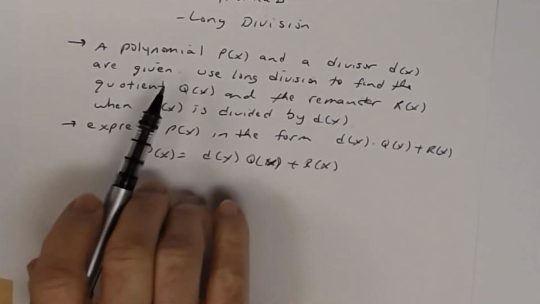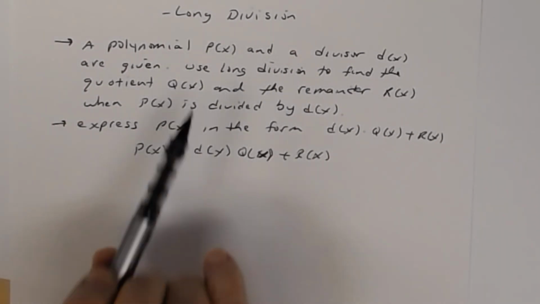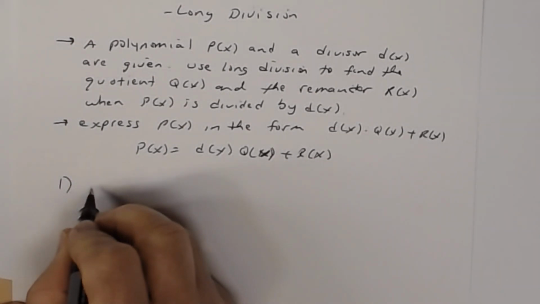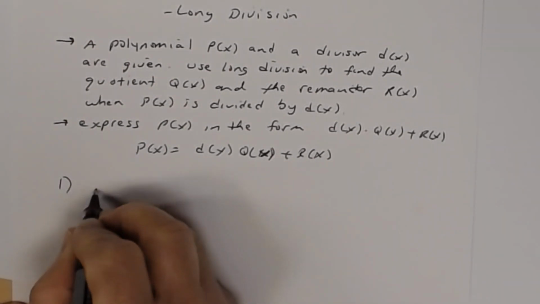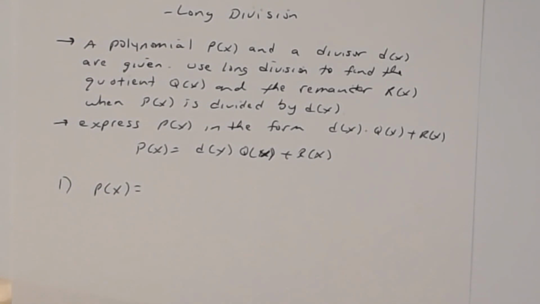So here's the direction. It says a polynomial p of x and a divisor d of x are given. So in other words, look at number 1. Number 1, you're told p of x will equal, let's say p of x is this.